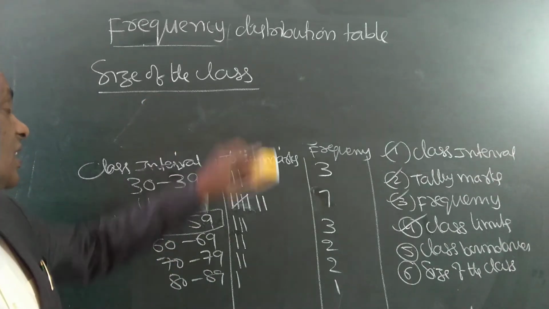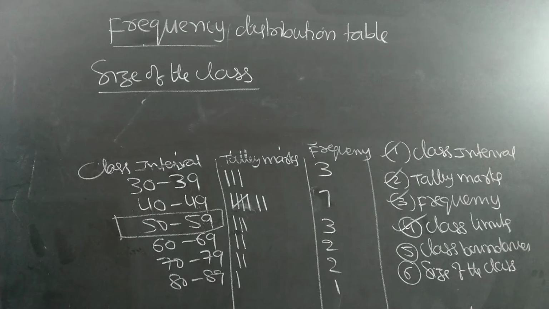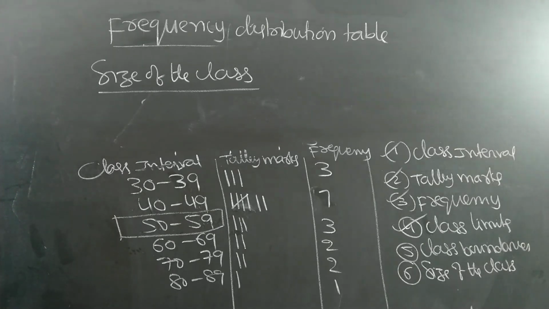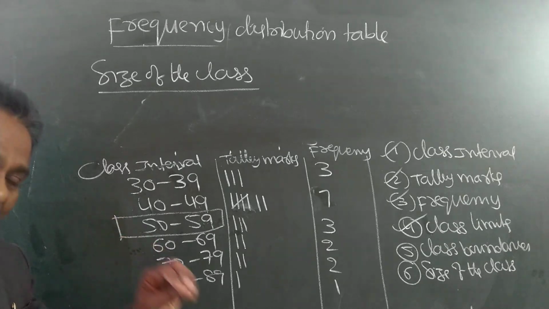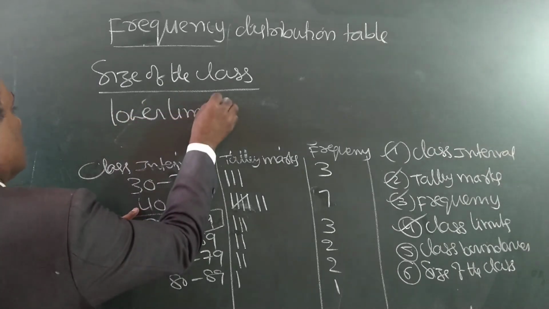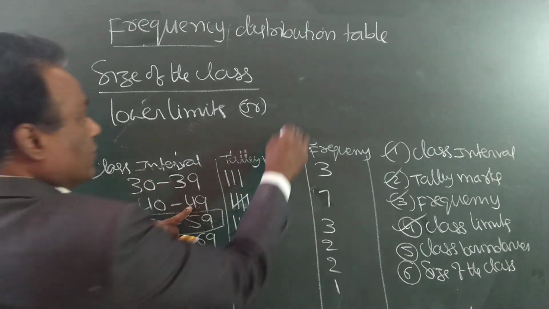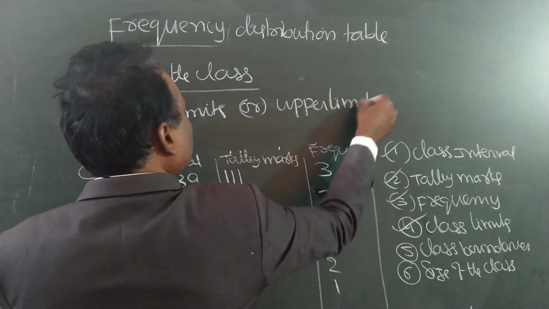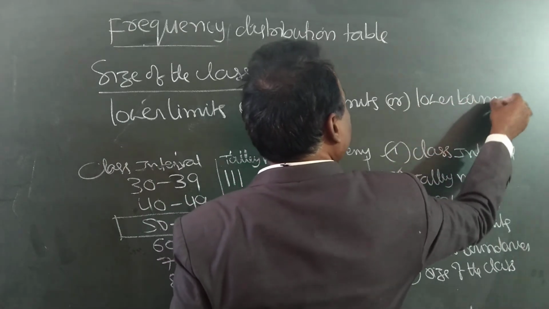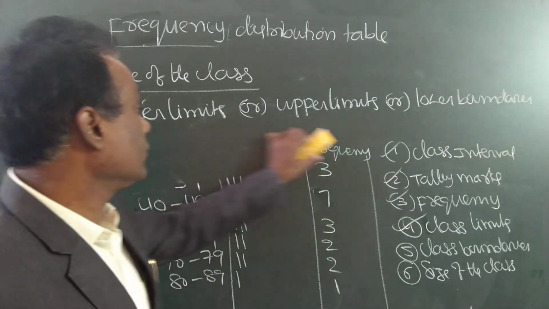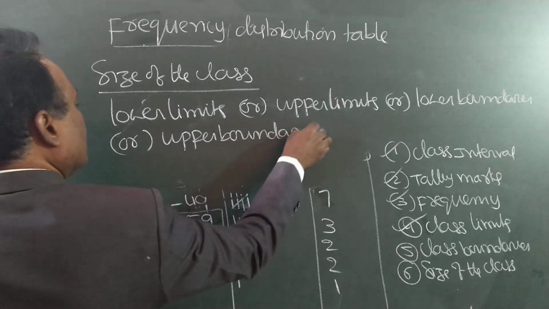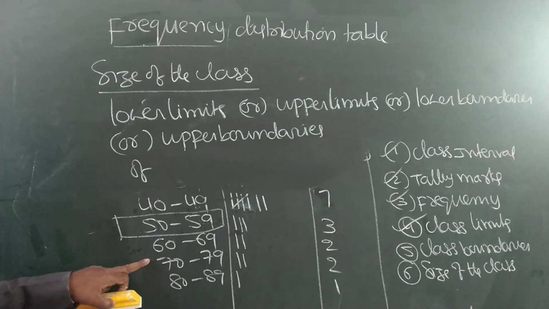It is also the difference between lower limits, or upper limits, or upper boundaries, or lower boundaries, of two successive classes.